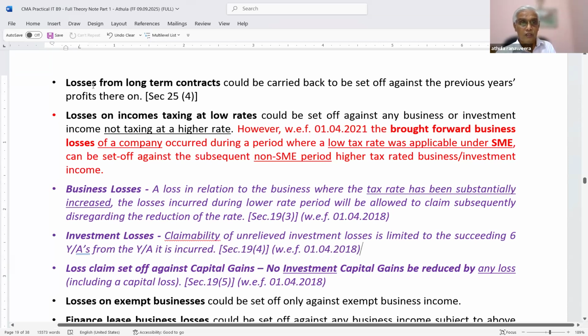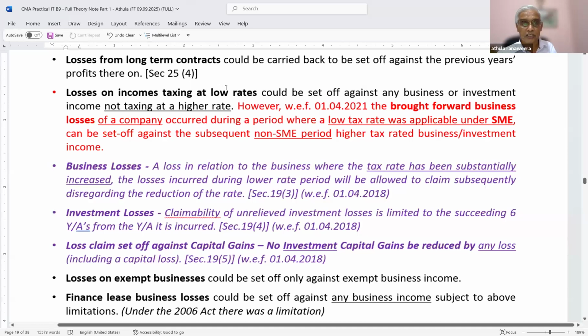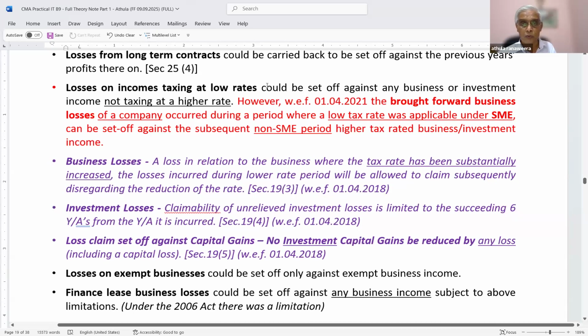Then losses on incomes taxing at lower rates could be set off against any business or investment income not taxing at a higher rate. Little while ago, I said no problem. But here, the law says you can't set off against the higher rate taxing category income.